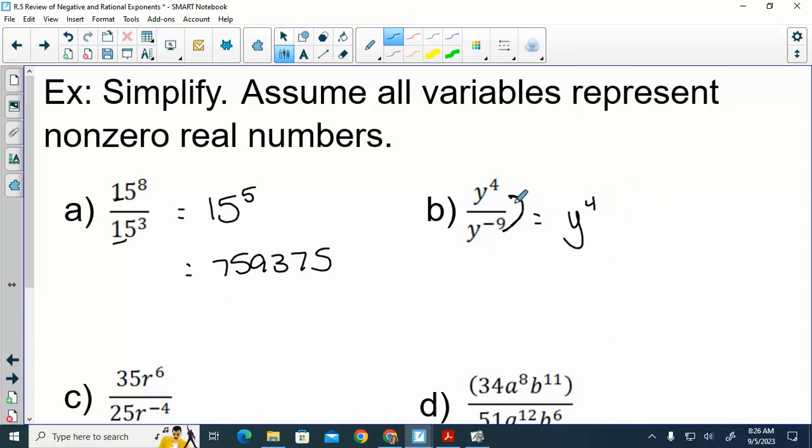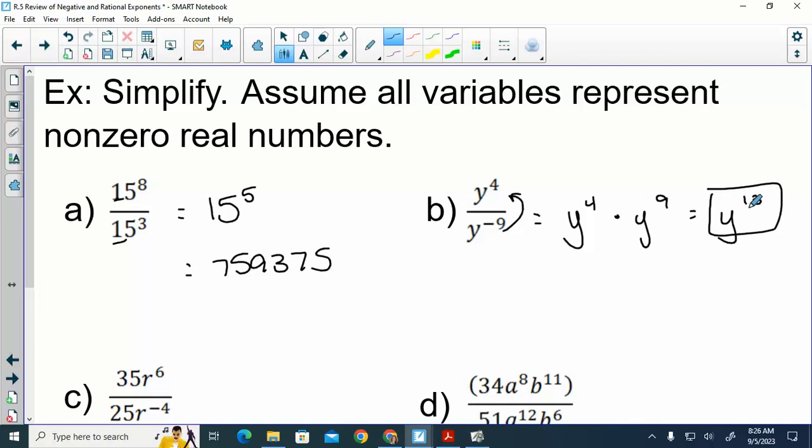So that negative would bring it up to the top, so then it becomes times y to the 9. And when you multiply, what do you do with those exponents? You add. So 9 plus 4 gives y to the 13. So a lot of people always prefer to start by getting rid of any negative exponents, and that's fine.